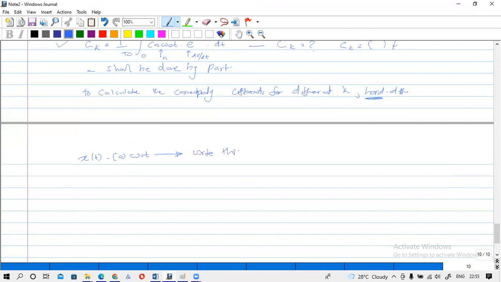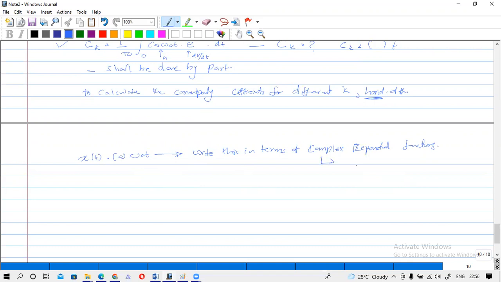I have to write this in terms of complex exponential function.